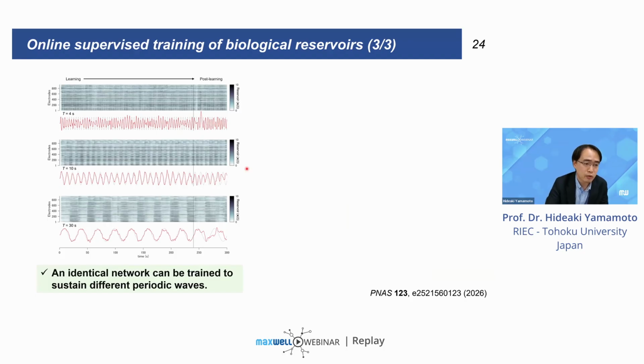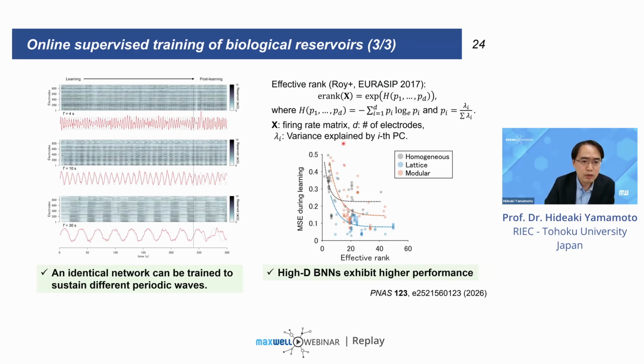And finally, on the right, here we asked what makes a good biological reservoir. And there must be multiple factors that come into play, but one parameter that we looked into was the dimensionality of the network dynamics, which we quantified using a measure called the effective rank.